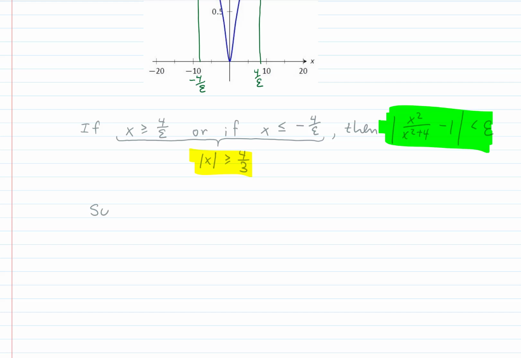So suppose, well here, I'm sorry, let's do this. For any epsilon greater than 0, if the absolute value of x is equal to or greater than 4 over epsilon, which I just now realized that up above I wrote 4 over 3, which I sometimes do.